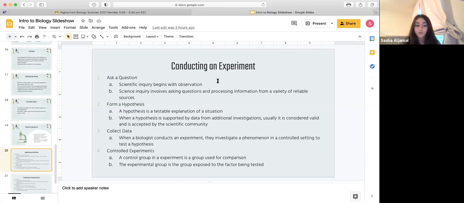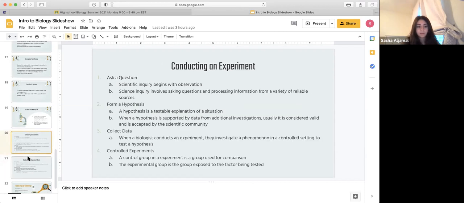So the control group will be the plant that's not using water to grow, and the experimental group is the group using water to grow. The experimental group is always the group that has some sort of variable included in the experimentation. And the control group is always the group that has nothing being done to it, or it just stays the same.